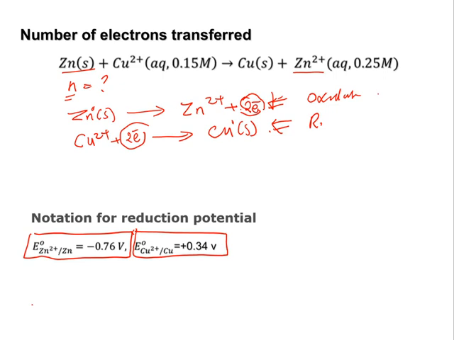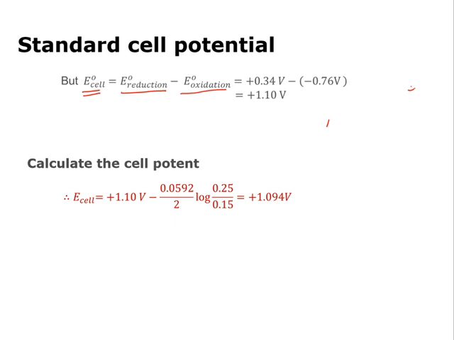The value for zinc, E0, is equal to minus 0.76 volts. Then for copper, E0 is equal to plus 0.34 volts. So we can substitute in our equation.